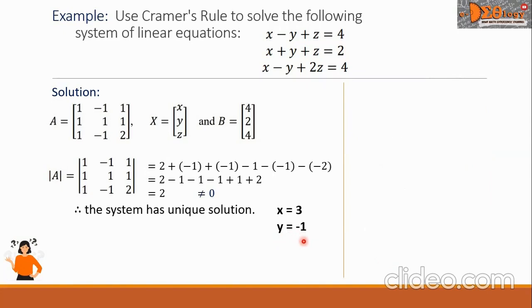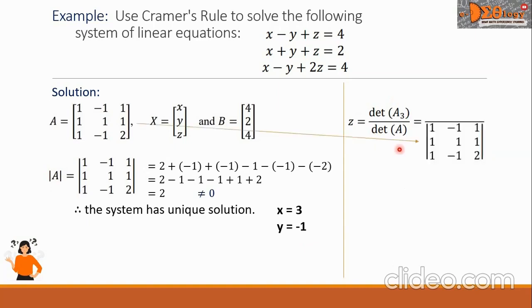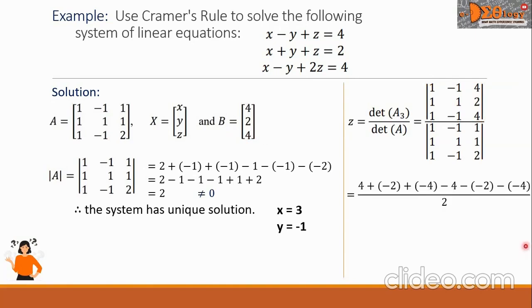We proceed with the z variable. This is equal to determinant of A sub 3 over determinant of A. We copy the matrix A in the denominator, and the matrix A sub 3 is here. It is similar to matrix A except the third column is replaced by the constants. Then we evaluate the corresponding determinants. In the denominator, again, we solved this a while ago, we just copy the value here.